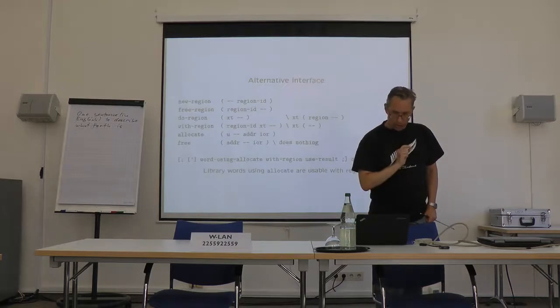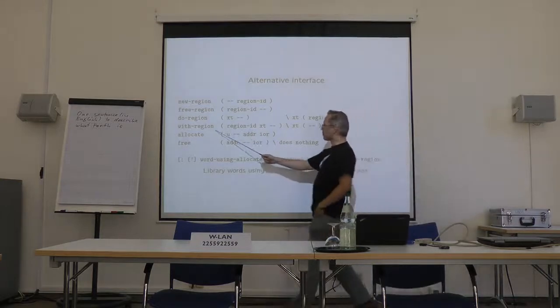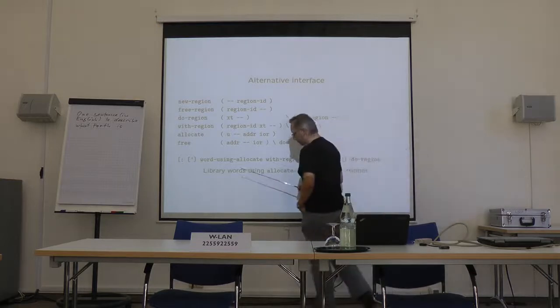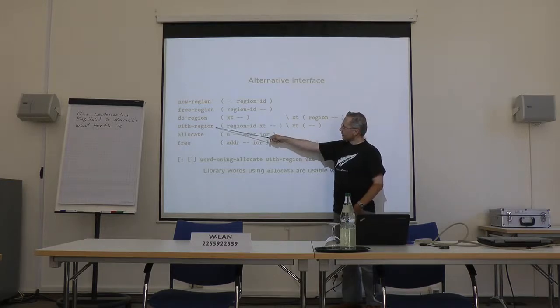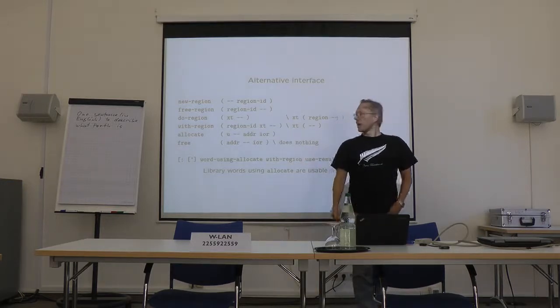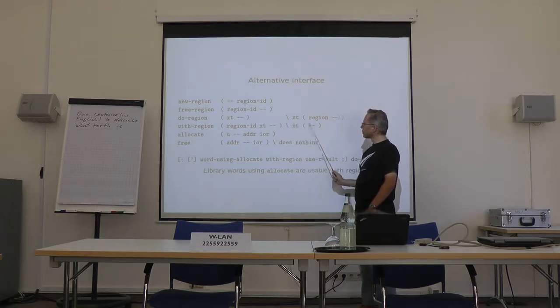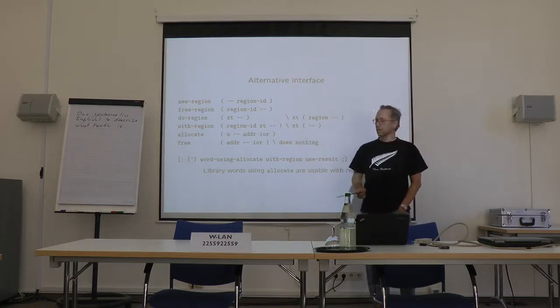So now on to the improved interface. The heart of the improved interface is the with-region word. I pass a region ID to with-region and an execution token. I can pass in additional stuff and get out additional stuff, but in itself the execution token doesn't consume anything.